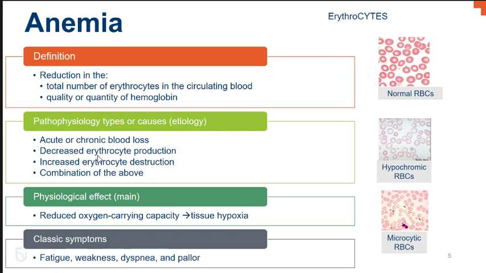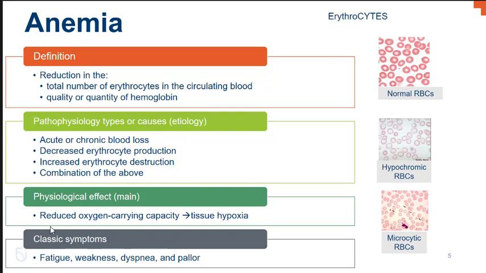So if all of a sudden we have a reduction in the production of erythrocytes, but we're still destroying the same amount, we're going to end up with fewer red blood cells circulating within our system. Similarly, if we have an increase in the rate of erythrocyte destruction and we're not producing any more to balance that out, it can lead to anemia. Or some people can have a combination of the above variables.